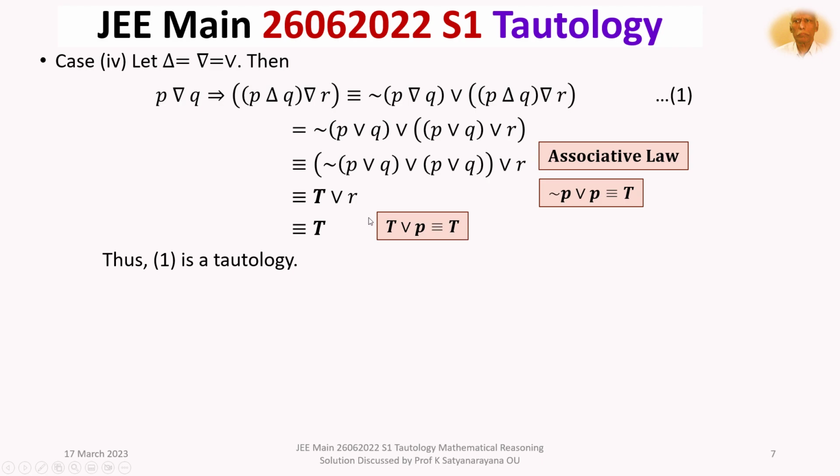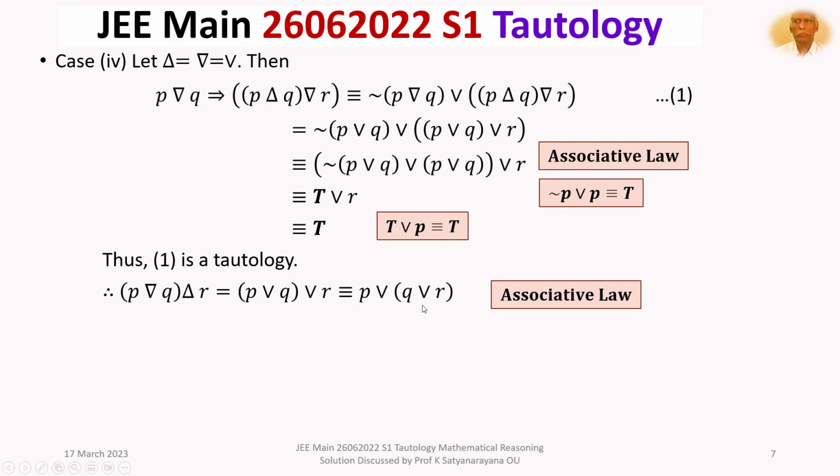Yes, it is a tautology, and now we are required to find what this Boolean expression is. This is P del Q delta R, and del is R, delta is also R. So P or Q or R, which is logically equivalent to P or Q or R using associativity. But now we use commutativity for Q or R, then this becomes R or Q. Why are we doing this?